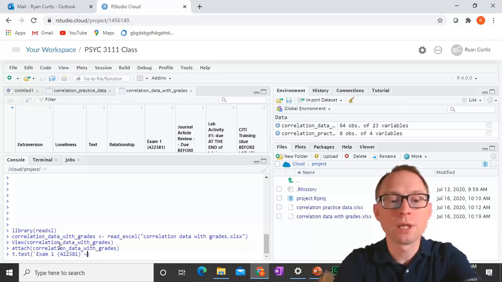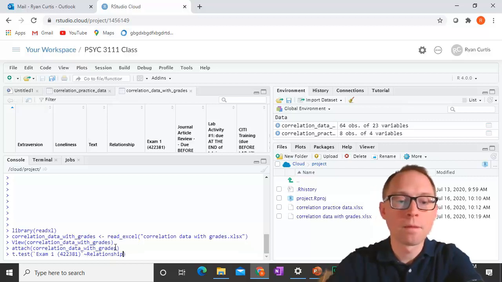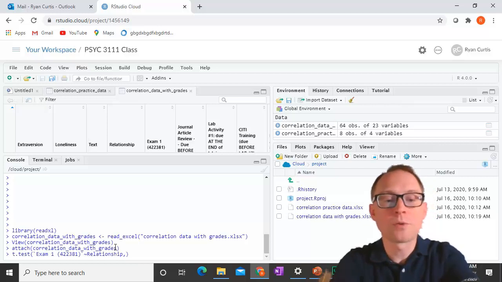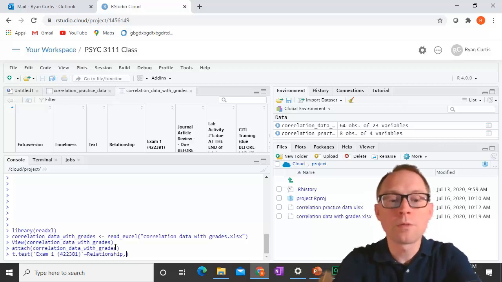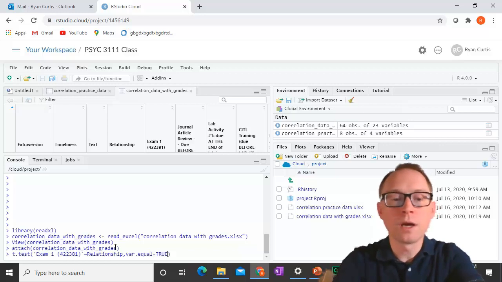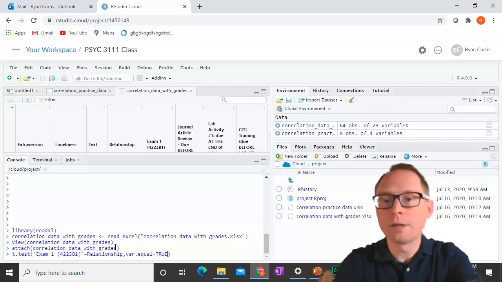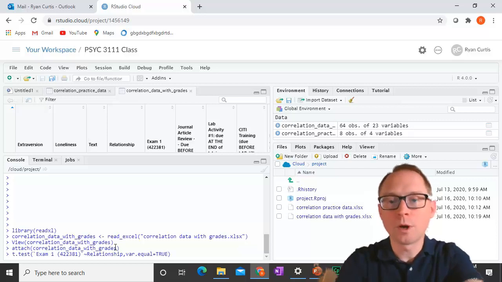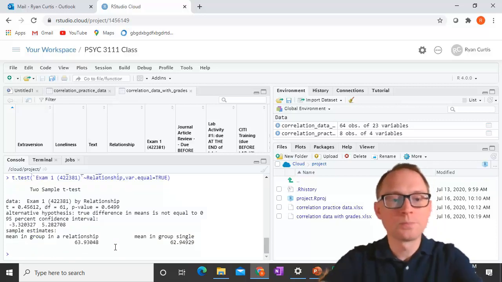In that case, that's relationship. Now, after we put a comma here, we need to give it one more piece of information: var.equal equals true, because we want a Student's t-test, not a different kind of t-test. Anyway, you don't care, but we want the variance to be true.